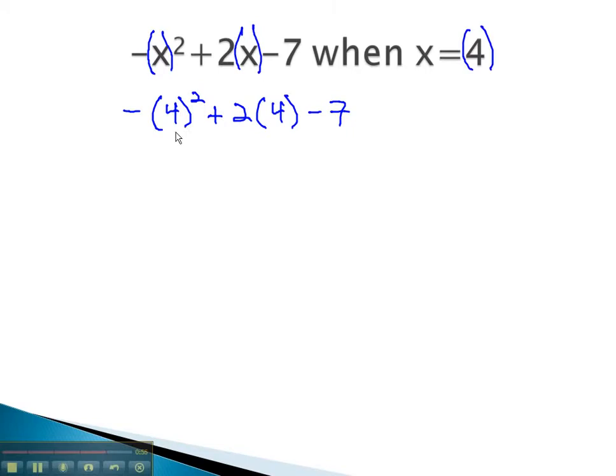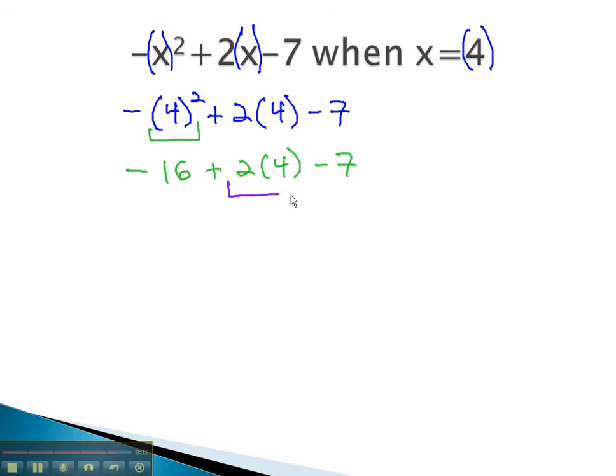Notice as I make a substitution, the number always goes in parentheses. This way I know when I'm squaring, does the negative come with or not the exponent? In this case, the exponent is only on the 4, so that will be squared, giving us -4 squared, or -16, plus 2 times 4 minus 7.